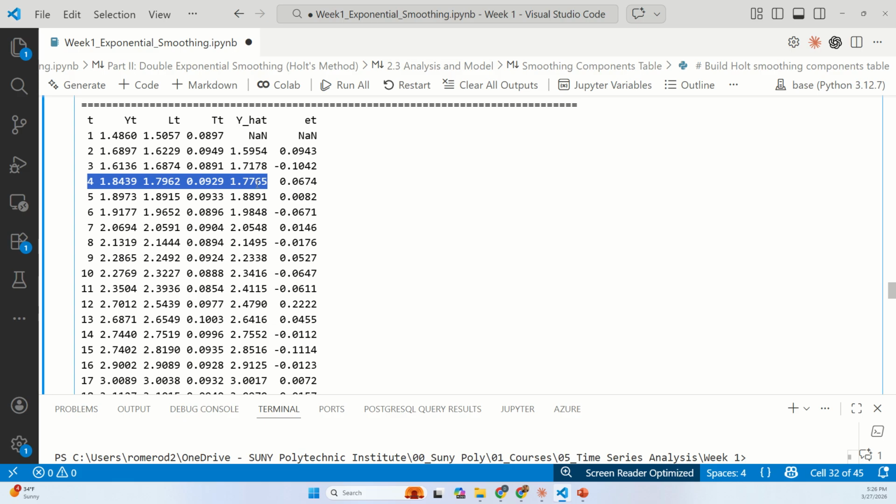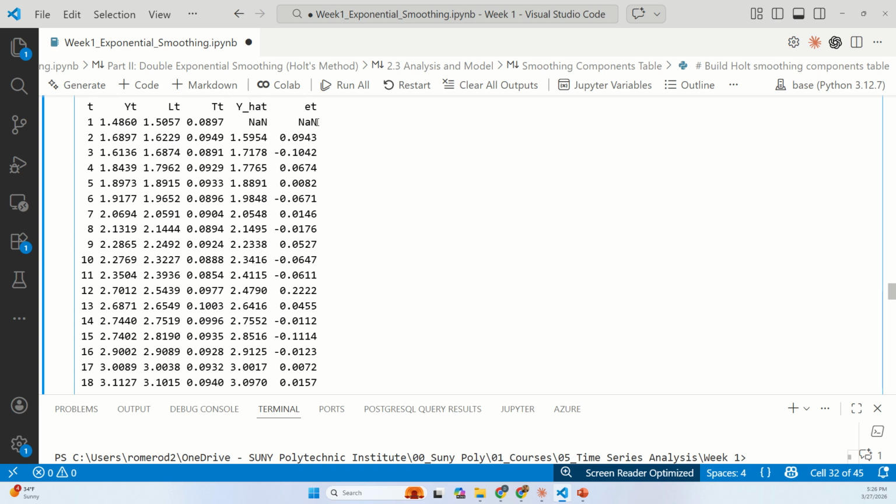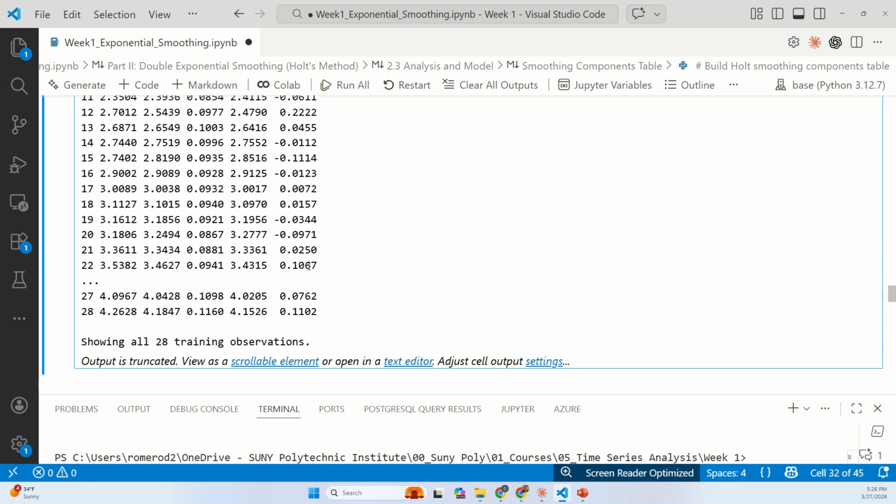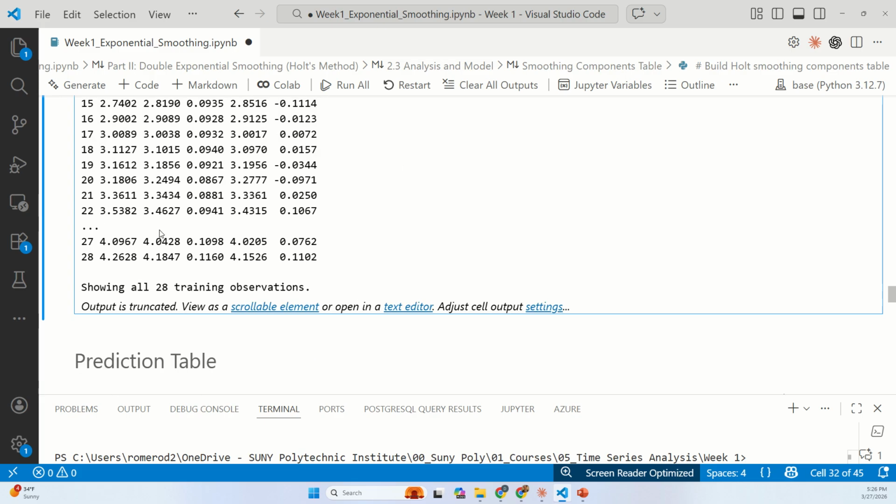How do you get that? It's just the previous level, 1.6874, plus the previous trend, 0.0891. The sum of these two gives you the fitted value. Same idea for the other fitted values. With this, you can get the residual or the error and compute the metrics.